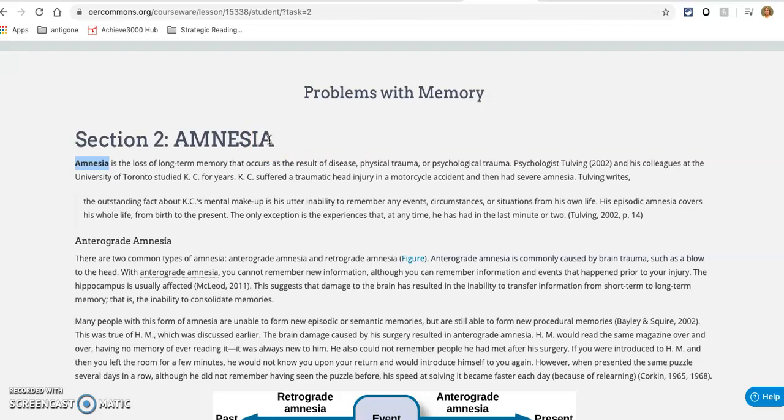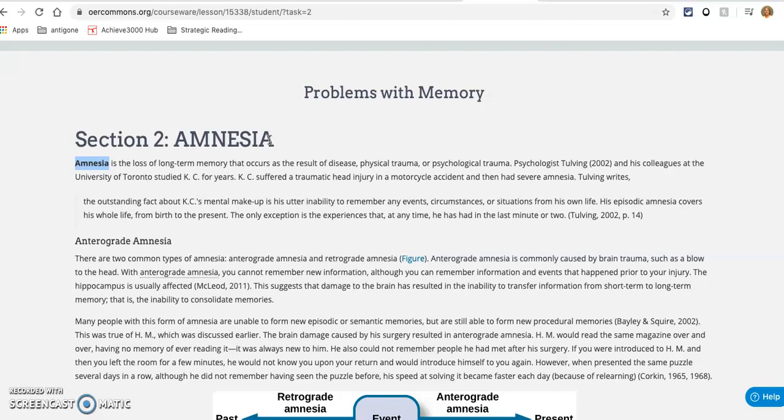Maybe how does one get amnesia? Why does amnesia occur? So I've asked what it is, how it happens, why it happens, who is affected perhaps. So I'm just going through those 5W questions and the H. So I'm going to find out what is amnesia, how it happens, and why it happens. It's going to be my purpose question.